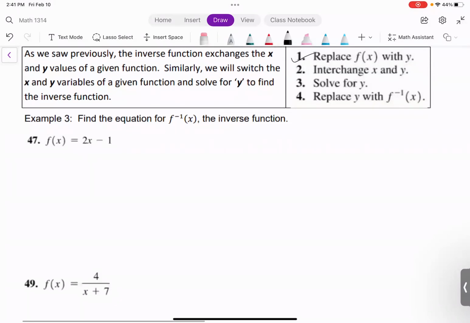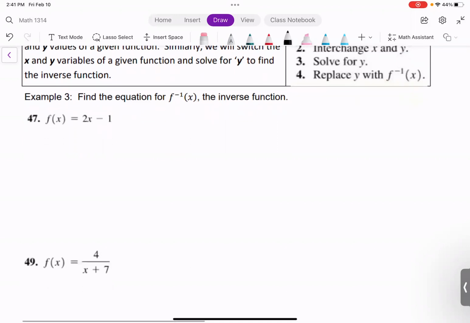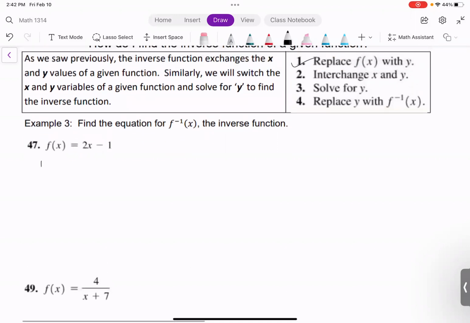Find the equation for the inverse function of f. The first step, replace f of x by y. Y equals 2x minus 1. Second step, swap the x and y. So x comes to here, y goes to the other side: x equals 2y minus 1. Number 3, solve for the new y.